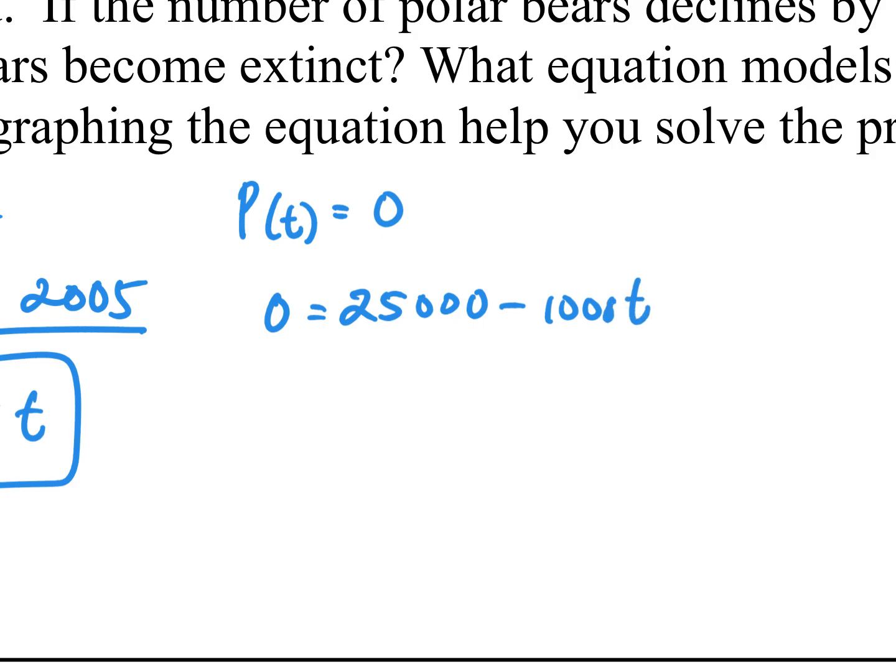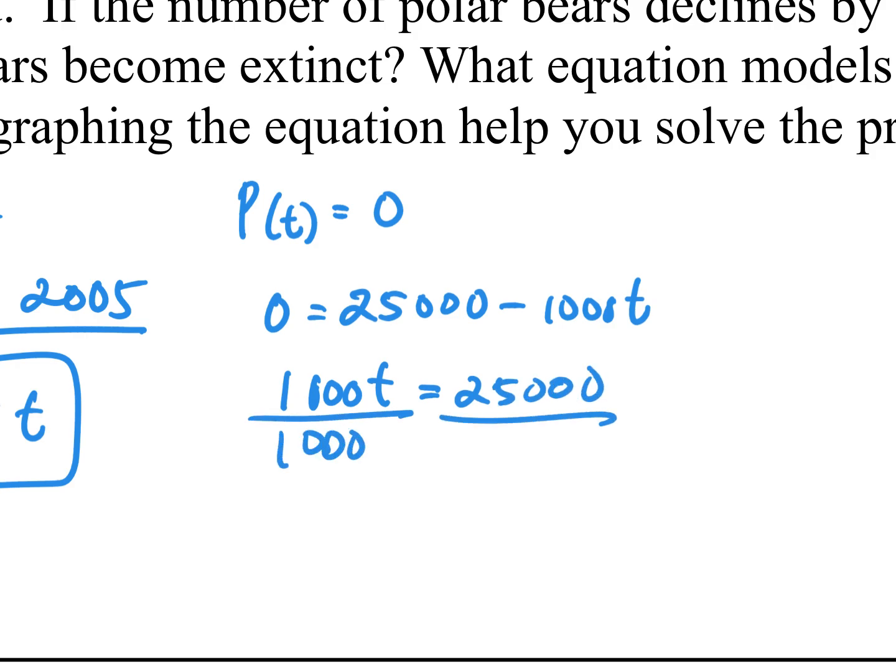Now let's solve for t. So 1,000 t is equal to 25,000. Divide by 1,000 on both sides, canceling it. So t here is going to give you 25.